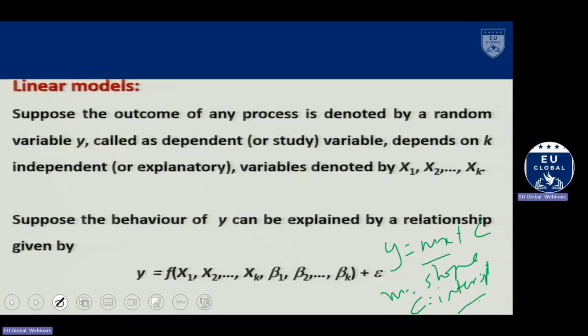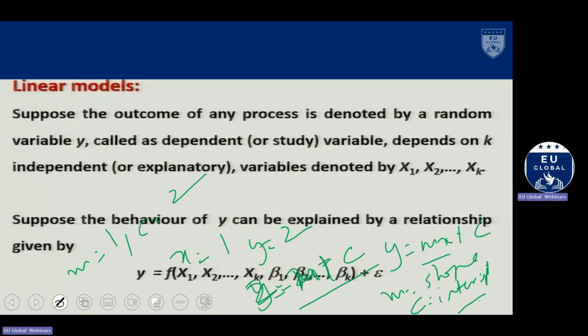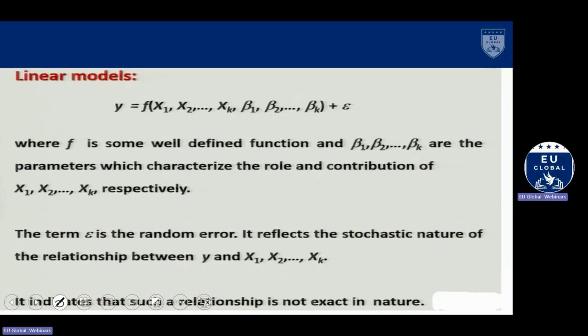So suppose x is given as 1 and y is given as 2, then 2 = m + c, so this is one equation. And if m = 1 and c = 2, then y = x + 2, right? So from x we get the value of y.